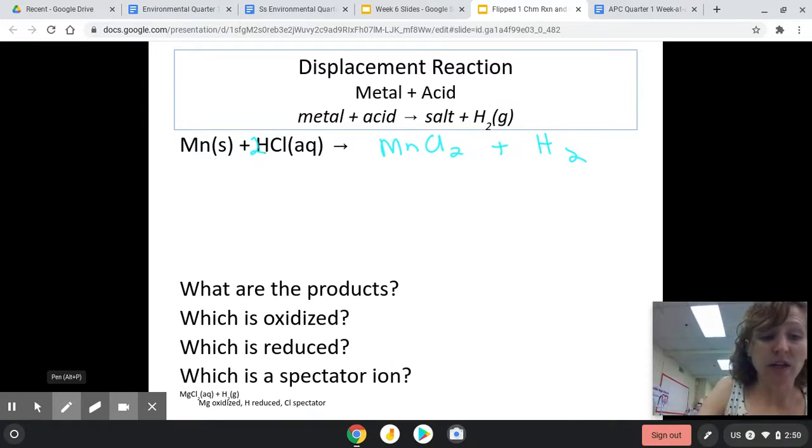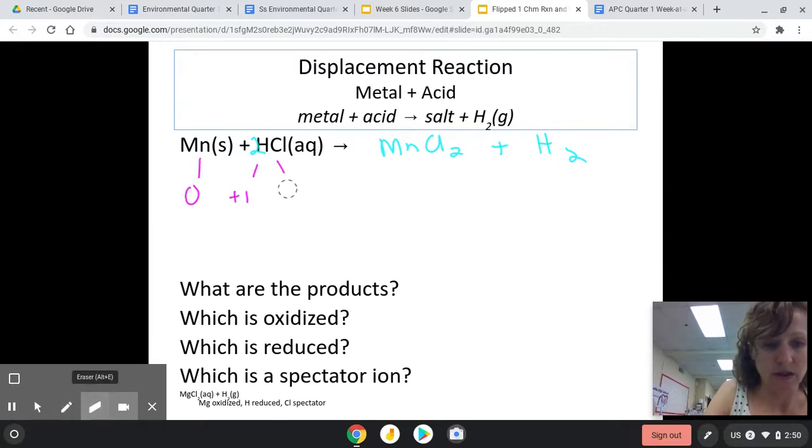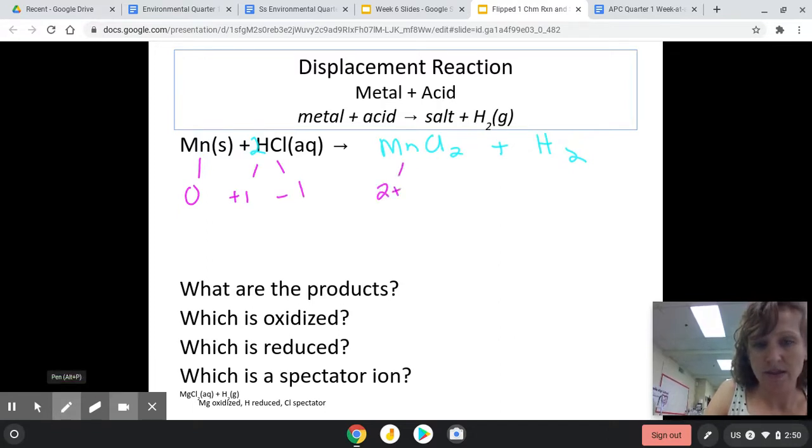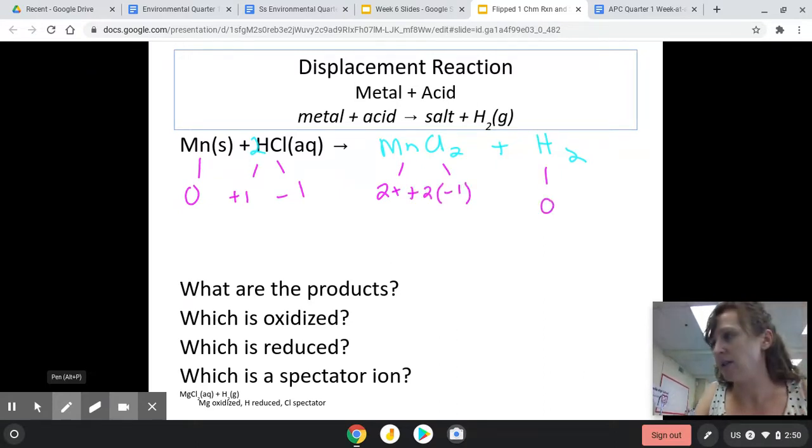All right, so in order to figure out what is oxidized and what is reduced, we have to assign oxidation numbers. So 0, plus 1, minus 1, 2 plus, each one of the chlorines is a minus 1, so I'll say times 2, and then hydrogen is going to be a 0. Okay, so let's look at the changes.